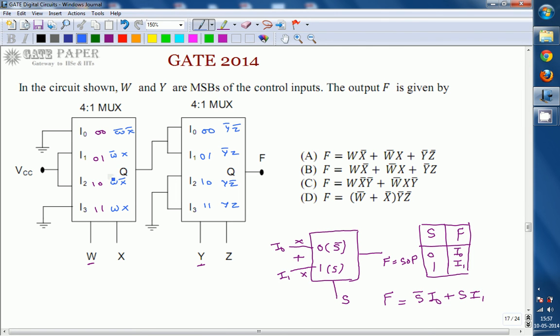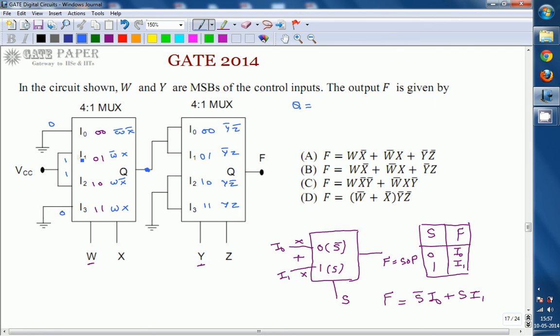Now we will write the expression for Q. Ground is the 0 input and VCC is the 1 input. Multiplying W bar X bar by 0, that term vanishes, and likewise W X, because the input itself is 0.